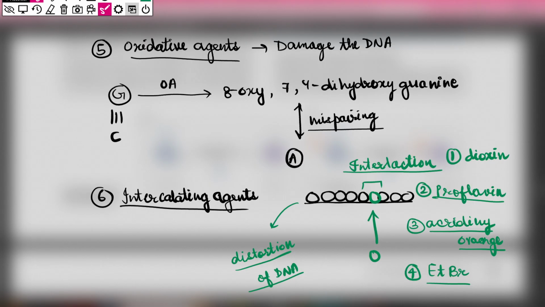Now we should discuss certain physical mutagens which can also cause induced mutations. There are basically two kinds of physical mutagens, and there we just have to discuss radiations. I'll compare them here in a comparative format.